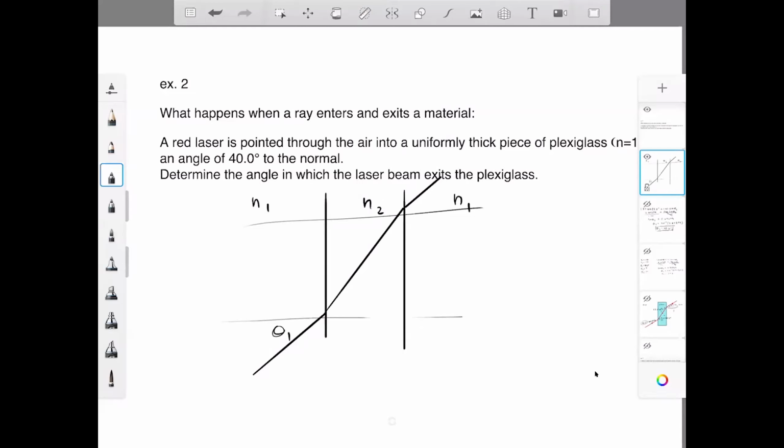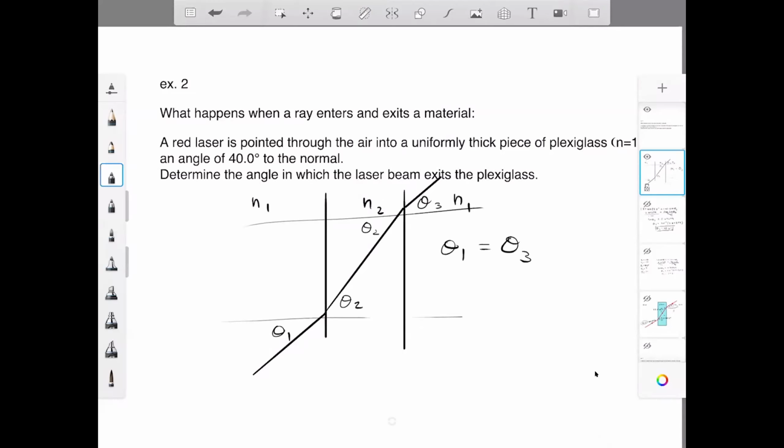Here's your angle of refraction. This one is going to be the same. And this one is going to be your new angle. If the materials on the left and right are the same material, then theta 1 is going to be equal to theta 3. And we just proved that using Snell's law.